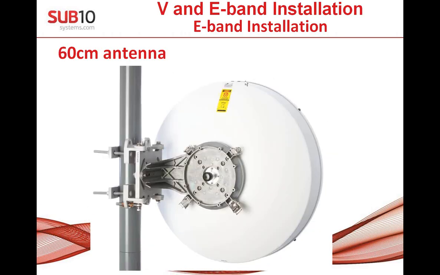And same for this one. On the 60 centimeters antennas, you see there are 2 holes, but they are using gum protection, and they are open on the bottom. And again, this white label with Sub10 has to be in the upper position.